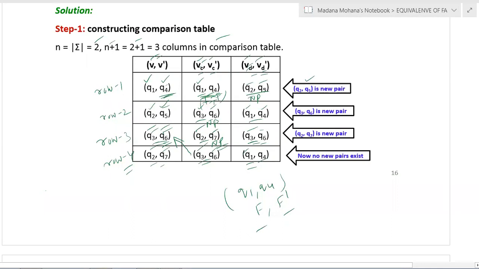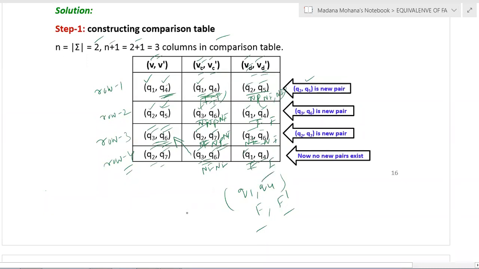Then Q2 comma Q5: both are non-final. Then Q3 Q6, again both are non-final. Then Q1 Q4, both are final. Then Q2 Q7, non-final, non-final. Then Q3 Q6, non-final, non-final. Q3 Q6 non-final, non-final. Q1 Q4 final, final.